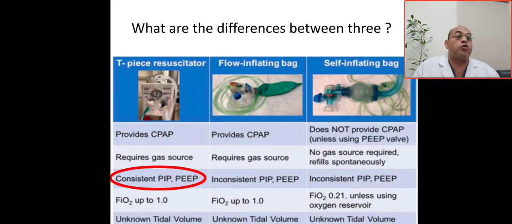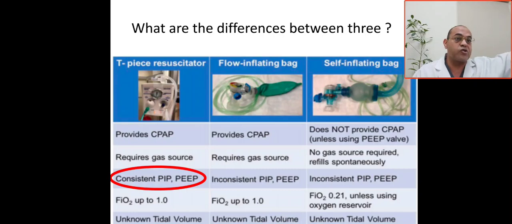What is the benefit of all of this? If you give PEEP, it will improve the functional residual capacity and keep the lung open, so it prevents atelectrauma. Also, constant, controllable pressure, since the T-piece resuscitator or the Neopuff lets you adjust the pressure before you start the resuscitation, will prevent barotrauma.